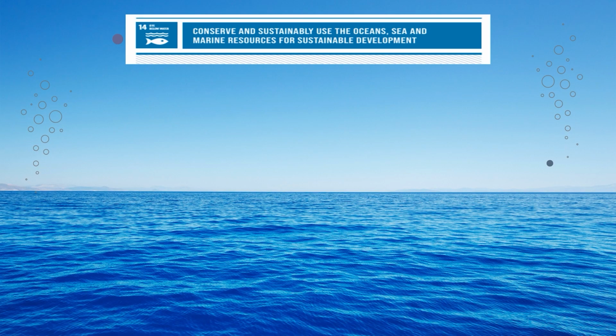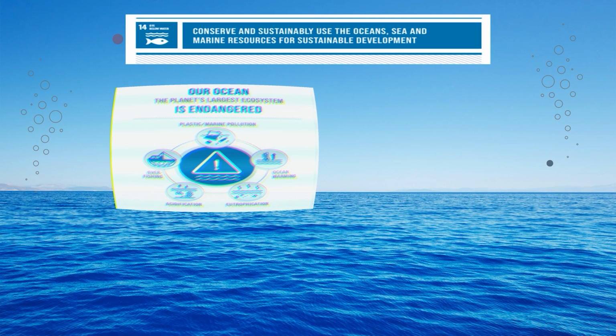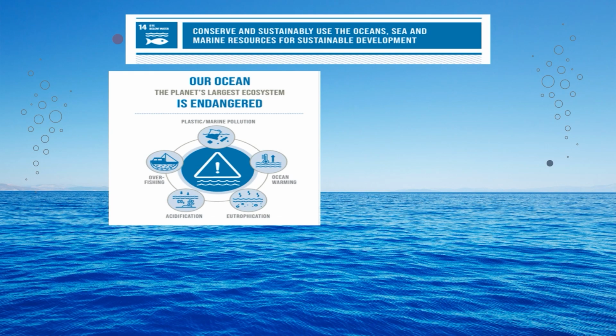But if you look into the issues in front of us today, we know that about 97% of the planet's water is in the ocean. We know the role played by the ocean in different material cycles, especially the global hydrological cycle.